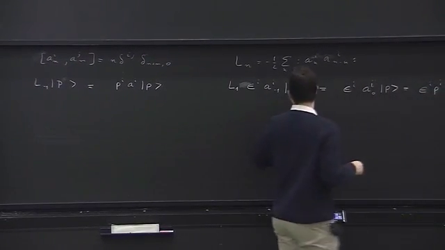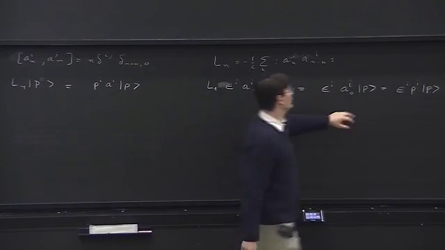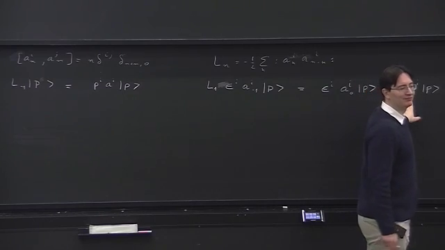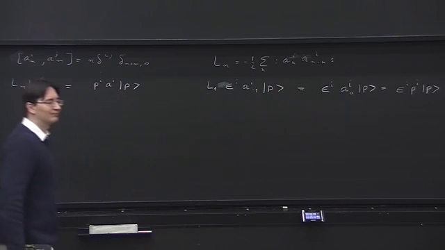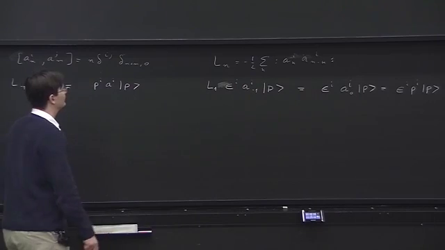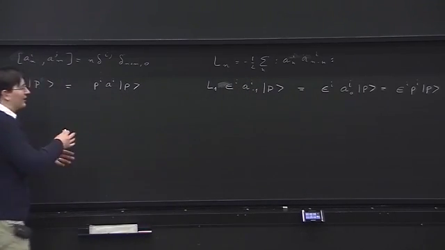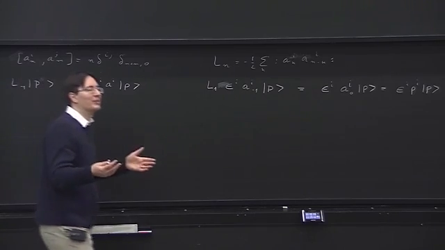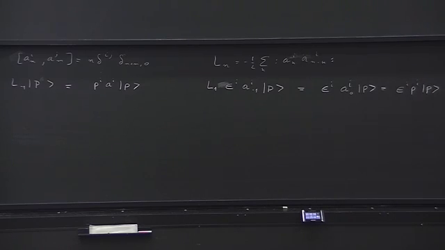So it means that if your polarization is orthogonal to the momentum, it is a primary. And so on. You can start checking for all the states that you can build out of A's which ones are primaries. So you can decompose your space into what are called Verma modules, which are the tower of states generated by the action of the L's over a primary.